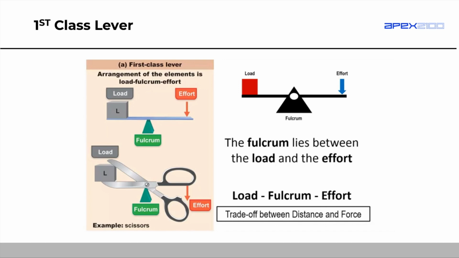So it's producing the same amount of distance. It's also producing the same amount of force. Let's say the load is 5 kilos. How much effort would I have to apply to move that 5 kilo load? 5 kilos of effort. So we've got this sort of equilibrium between distance and force. It's producing the same distance for the same amount of force as well.